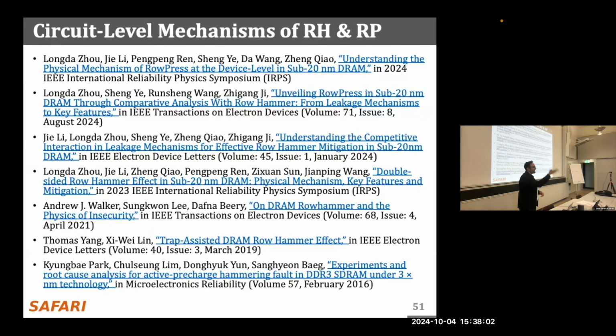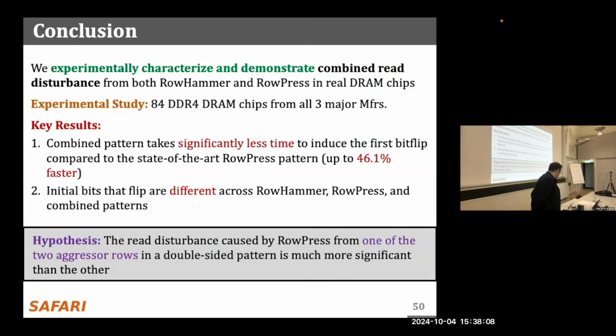Other questions? Yes. If I recall correctly, you mentioned that RowPress and RowHammer have different ideal temperatures at which they tend to work better. I think you said that RowHammer is often a very specific temperature zone, whereas RowPress works better the higher the temperature gets.